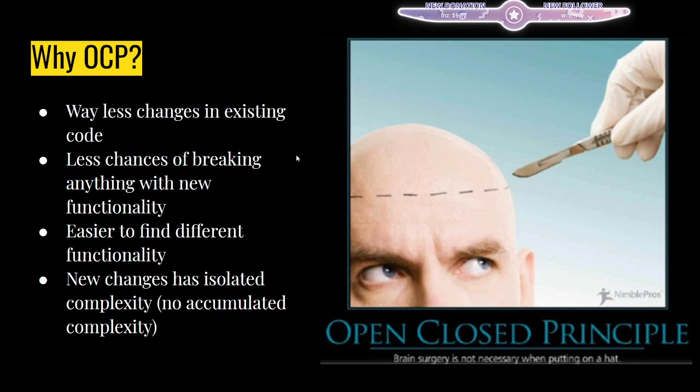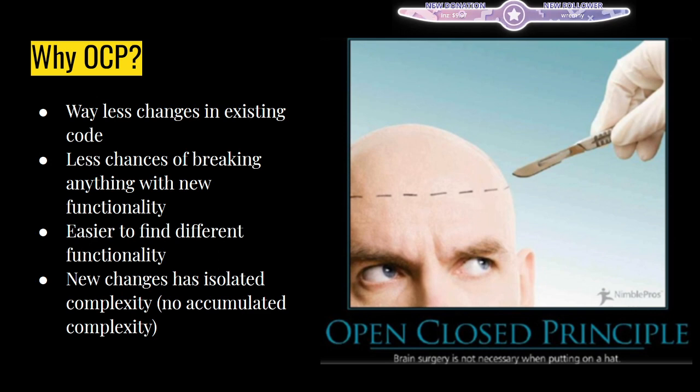So why do we need OCP? If we implement OCP, we'll have the following benefits. There will be way fewer changes in existing code, fewer chances of breaking anything with new functionality, it's easier to find different functionality, and new changes will be in isolated complexity.